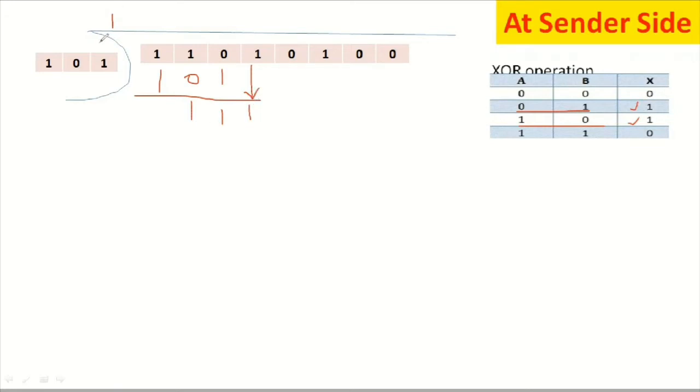So I have 111 now. So 101 once is 101. Again we need to do the XOR operation. XOR of 1 and 1 is 0. XOR of 1 and 0 is 1. So I'm bringing 0 down. 101 once is 101.